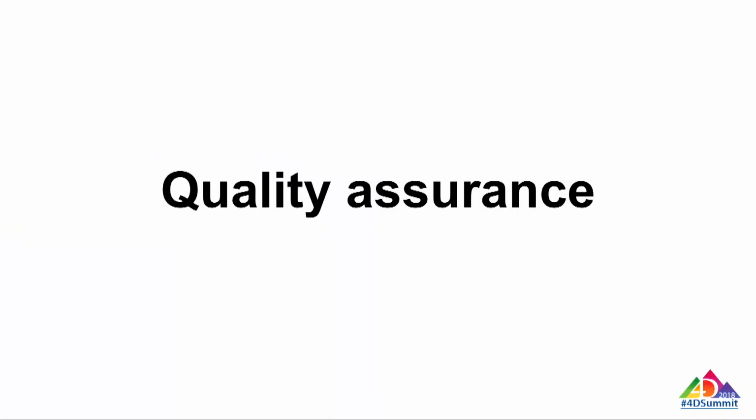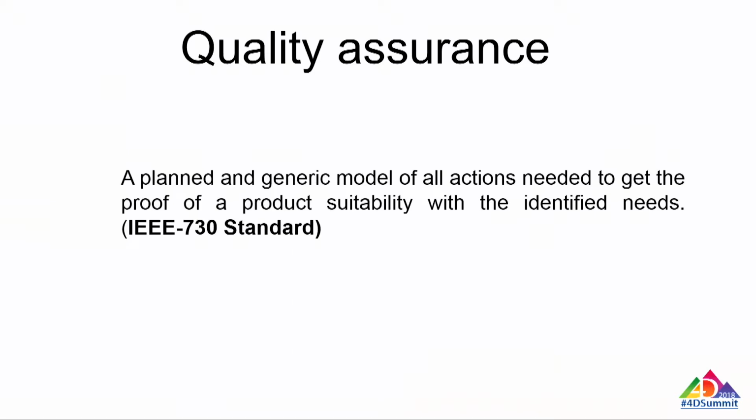So we all heard about quality assurance, quality control, testing. What is the difference between all these concepts, and what does quality assurance really mean? For that, we will see how the standards organizations define these concepts.